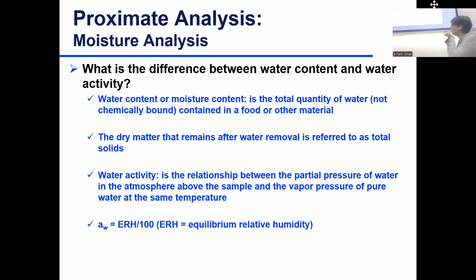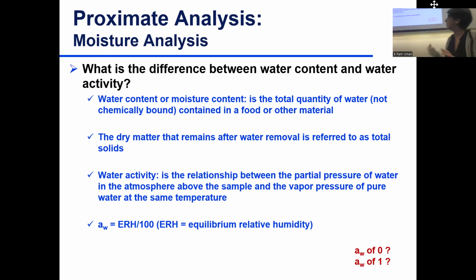If we want to define water activity, it can also sometimes be stated as percent relative humidity. This is the definition: it's the partial pressure of water in the atmosphere above the food in relation to the vapor pressure of pure water. So the vapor pressure of pure water is 100, and a food product is not pure water, so it's always less than 1.